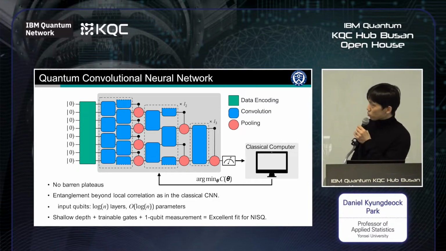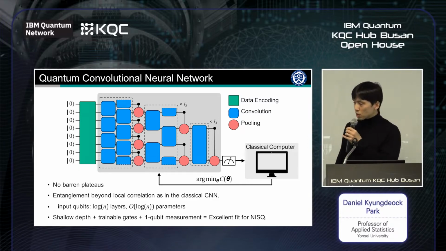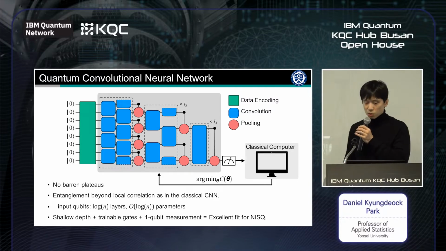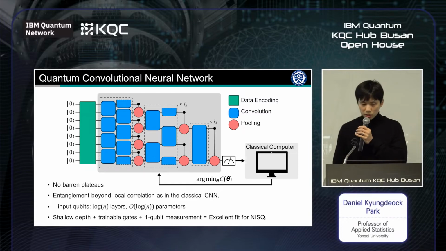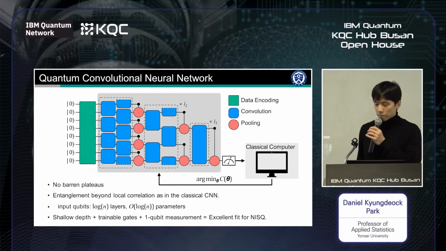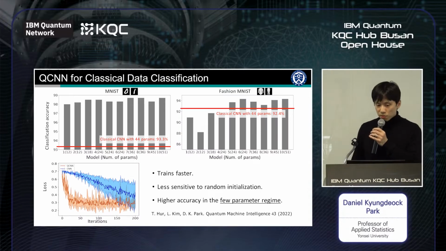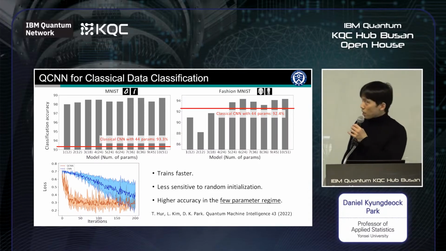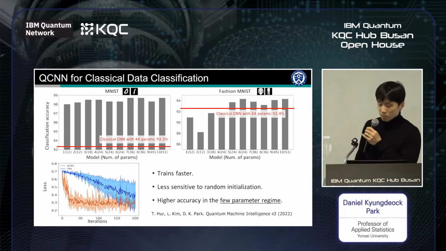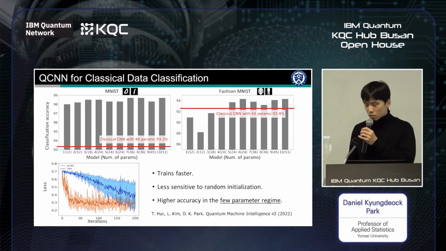We were hoping that the quantum circuit would distinguish 0 and 1, and also distinguish shorts and pants. So we tried these two different binary classification tasks. And the results were very promising, even though this is only a numerical simulation. We saw very good performance on a quantum computer.